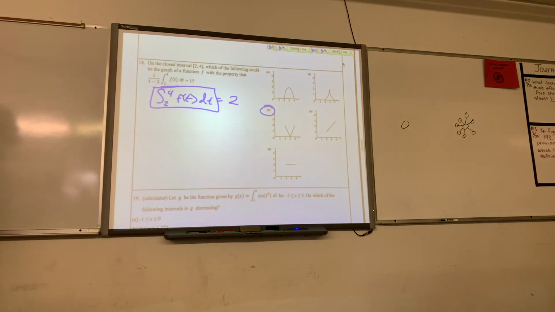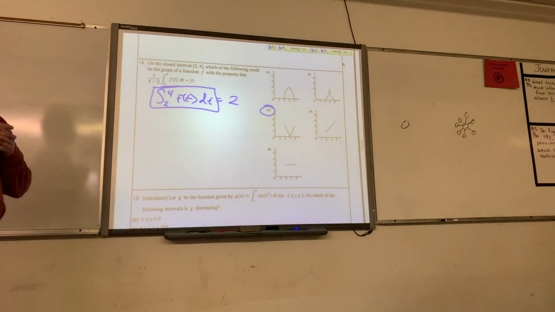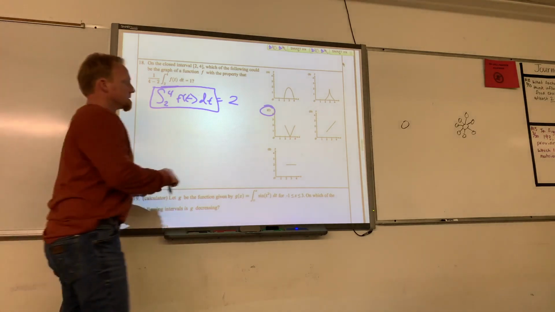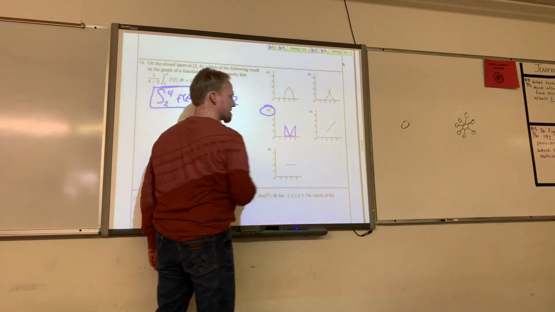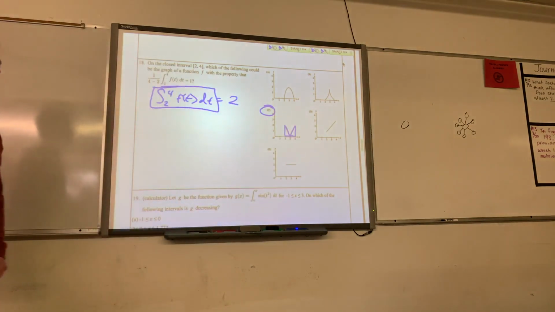How did that get an area of 2? I've got a triangle that has an area of 1, and then another triangle that has an area of 1. And it adds up to 2. So how would you find the area of the other one?